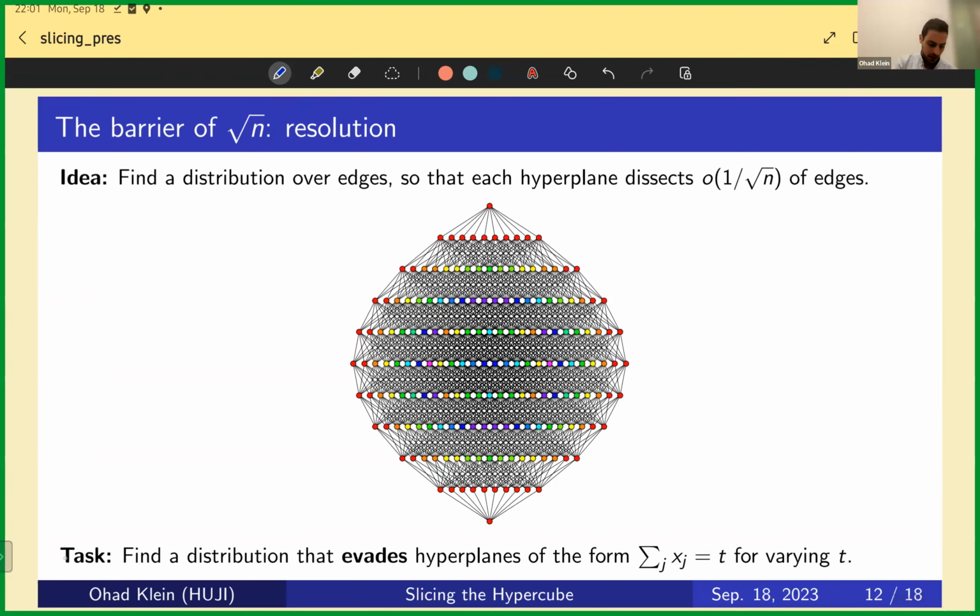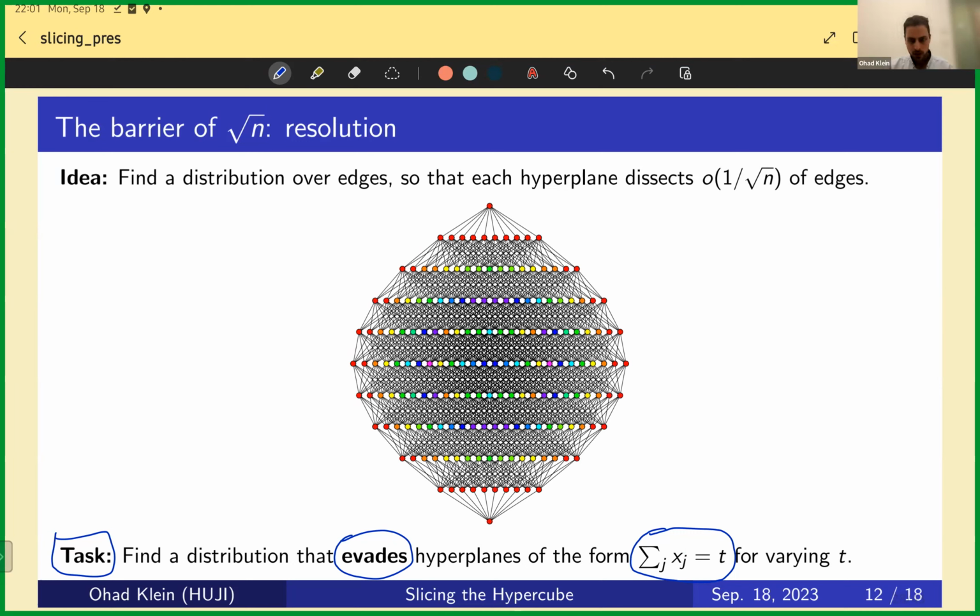So your task is to find a distribution that indeed evades hyperplanes, but only hyperplanes which are of specific form. I only want to evade hyperplanes of the form that include only points x with specific Hamming weight.